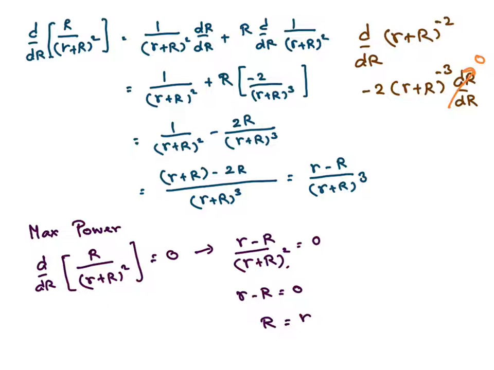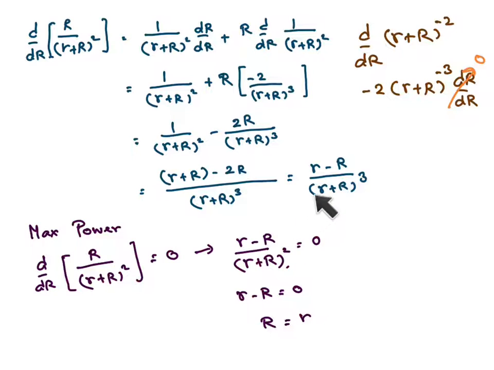Now we use the condition for the maximum power: the derivative of this term goes to 0. So we equate this term to 0.